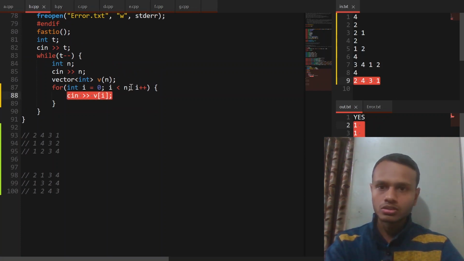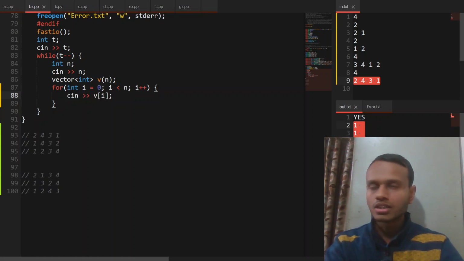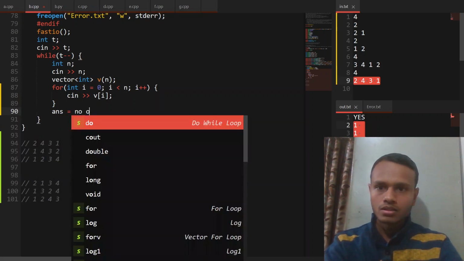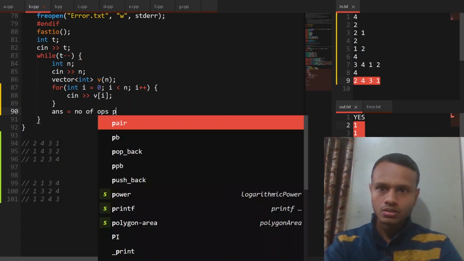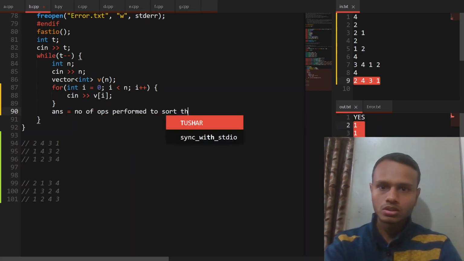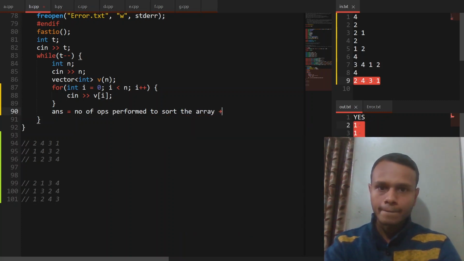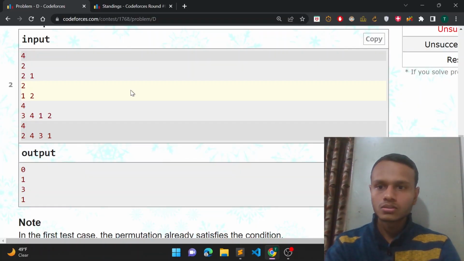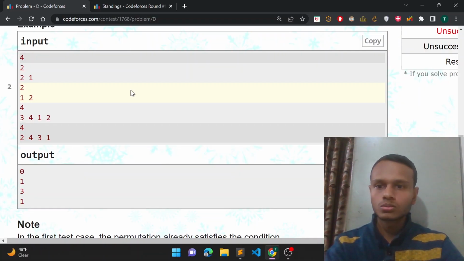This way I am assuming that the answer would be equal to the number of operations performed to sort the array plus or minus 1. This would be my answer. I don't know if it is true.